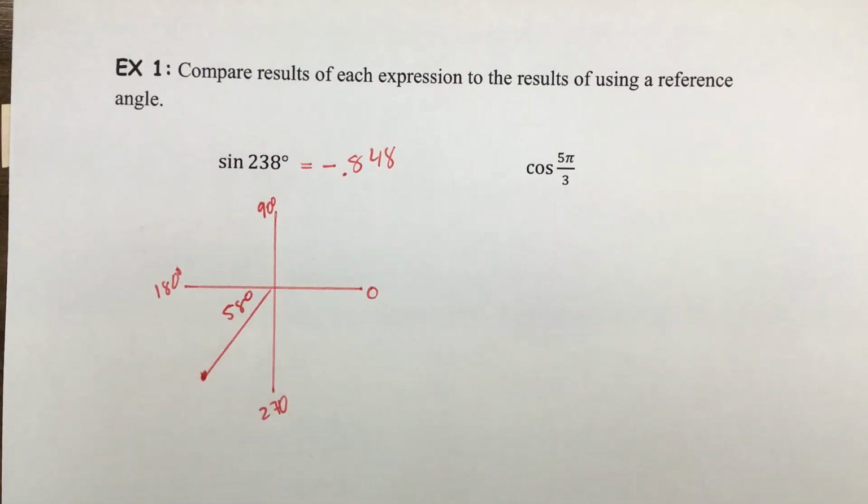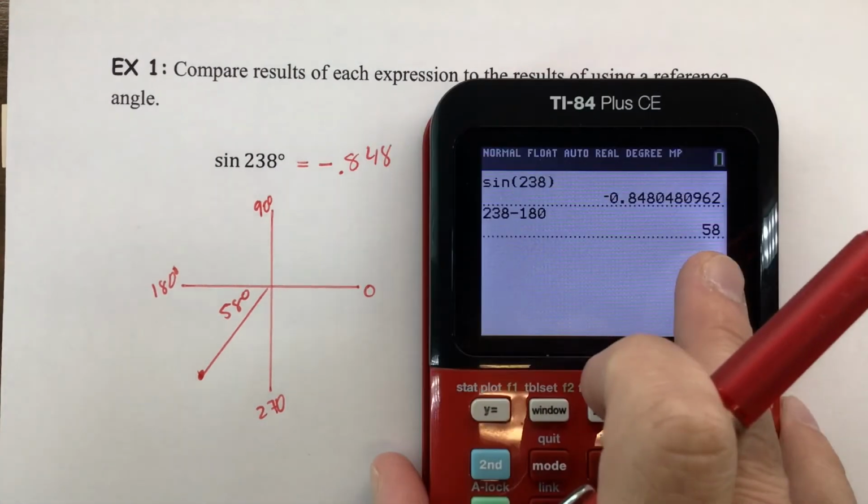So the argument is that every angle that we have can be related to a reference angle. 238 can be related to a reference angle of 58. And that 238 should evaluate the same as 58 degrees, plus or minus the sign. So let's check that out.